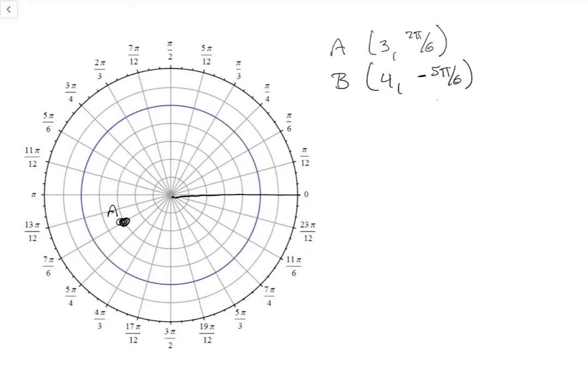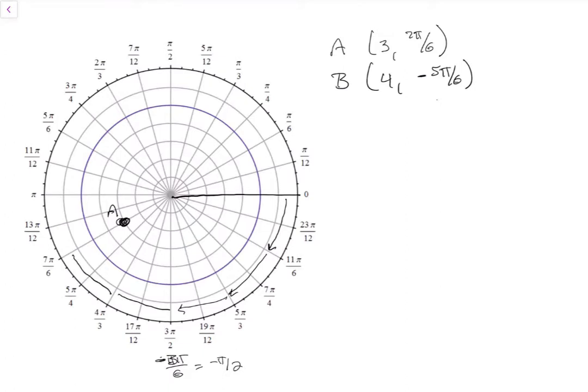So going to this radial measure, that's 1π/6. Then I'm going to have 2π/6, which is 60 degrees. Then I'm going to have 3π/6, right? 3π/6 is negative π/2. Right? So then I have 4π/6 and then 5π/6.